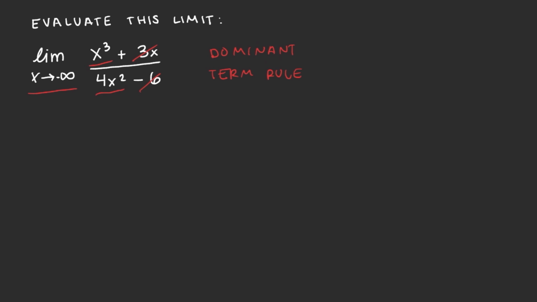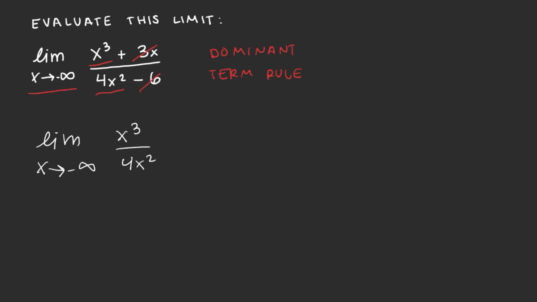Any other term you can just ignore. So what we're left with is the limit as x approaches negative infinity of x cubed over 4x squared. And remember, this will only ever be applicable if the limit is approaching negative infinity or positive infinity.